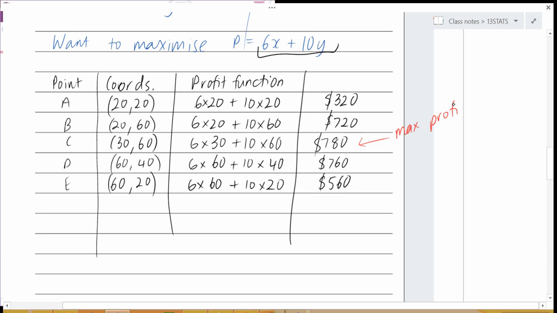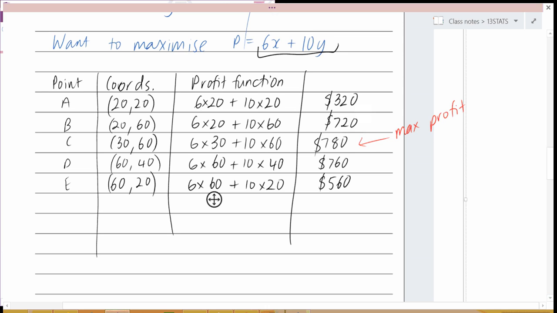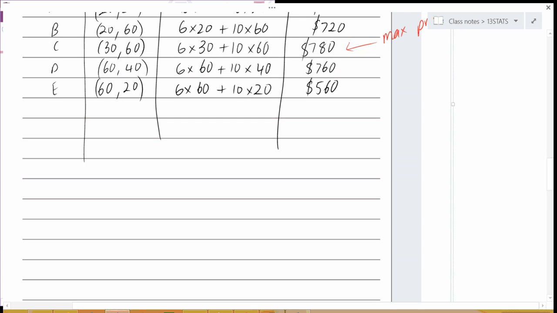Now we need to interpret this a little bit for our assessment, so I'll write a sentence that summarizes that.